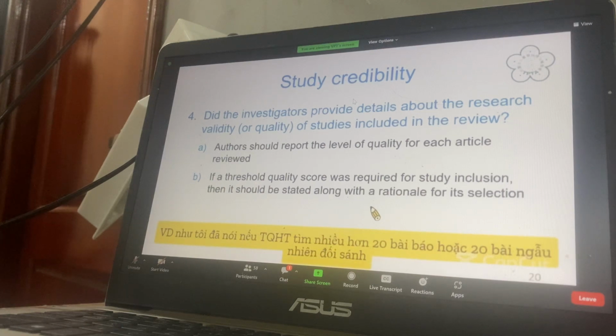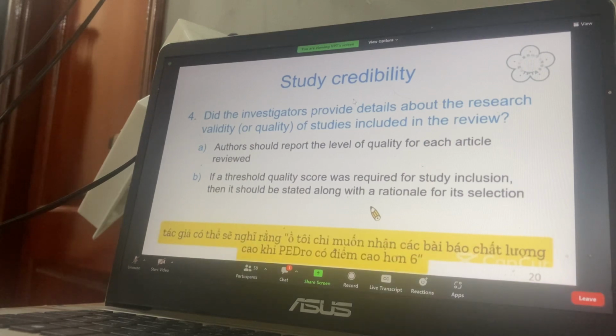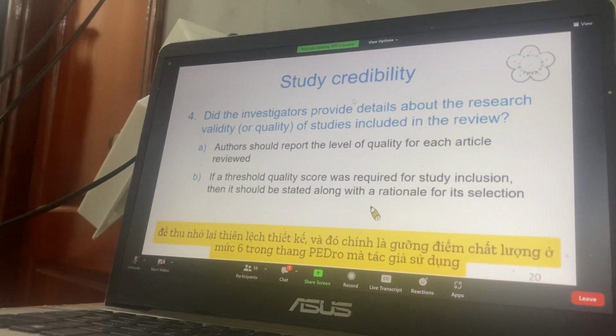So for example, like what I said, if a systematic review found more than 20 articles or 20 randomized control trials for that topic, the author could probably say, oh, we only want to include high quality studies that have a PEDro score greater than 6, in order to minimize the design bias of that study.